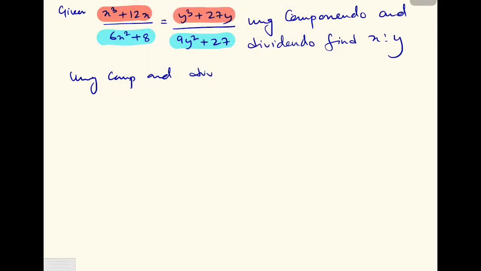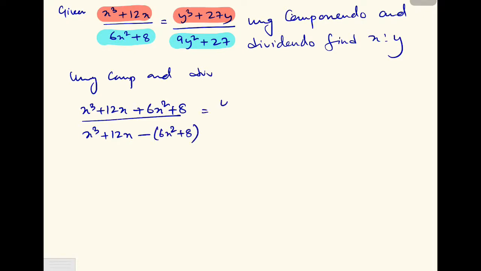So let's write. Numerator x cube plus 12x plus denominator 6x square plus 8. Numerator x cube plus 12x minus denominator 6x square plus 8. That side, y cube plus 27y, numerator plus denominator, and down here numerator minus denominator.